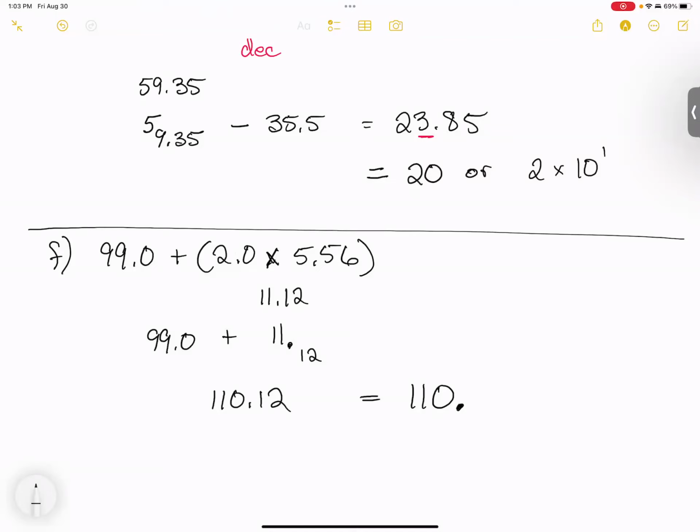With this one, no decimal places are allowed, correct? So my answer could have no decimal places. But I needed you to know that this added up to 110, and that 0 was still significant.